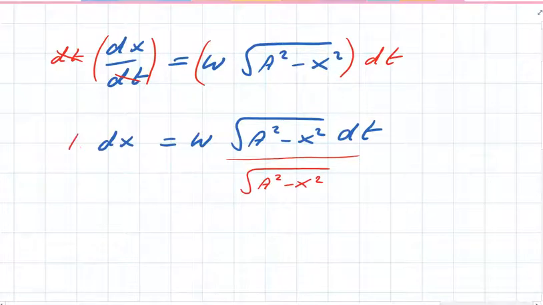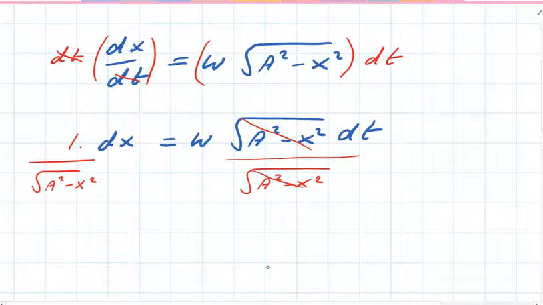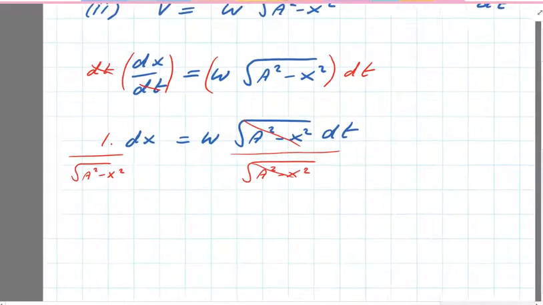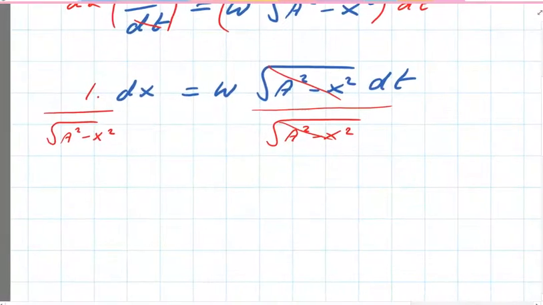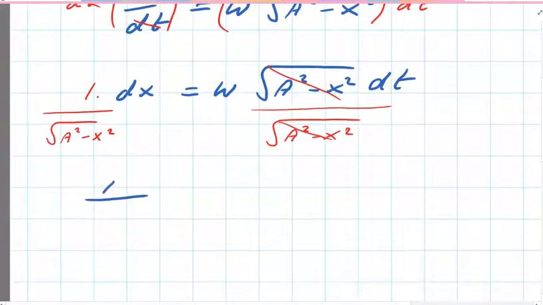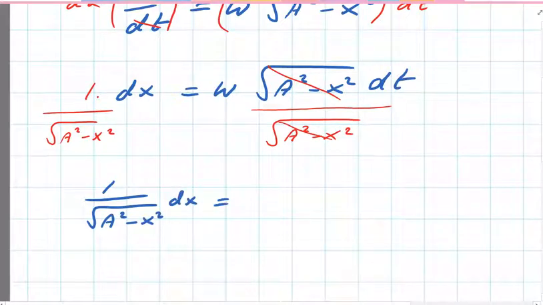Divide both sides by the root of A squared minus x squared. And now that's gone. The whole point of this, again, is to separate the x's and the t's, x on one side and the t's on the other side. So now we have the separation done: 1 over the root of A squared minus x squared dx on this side is equal to omega dt on the other side.